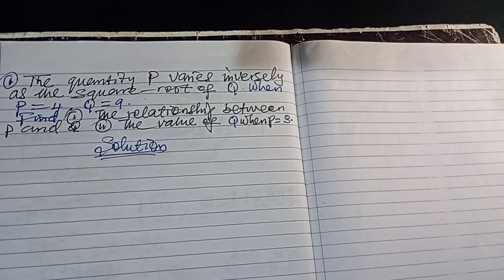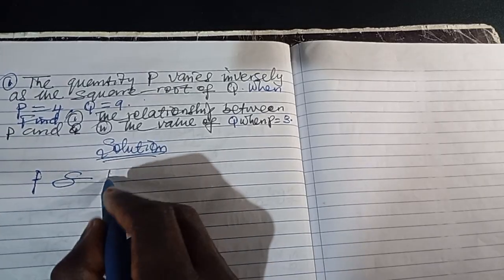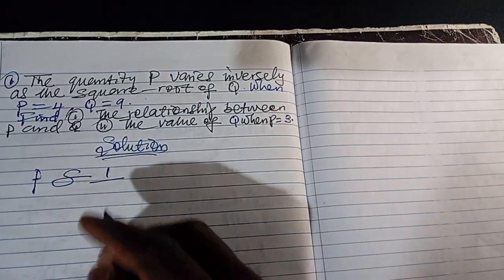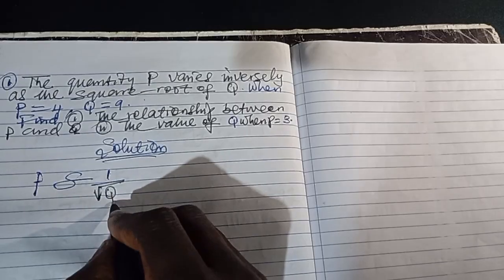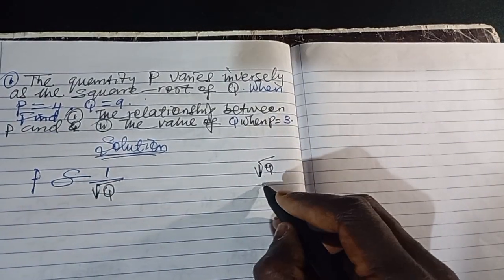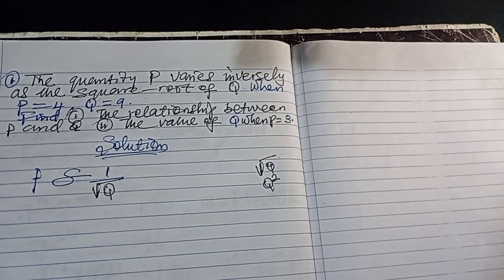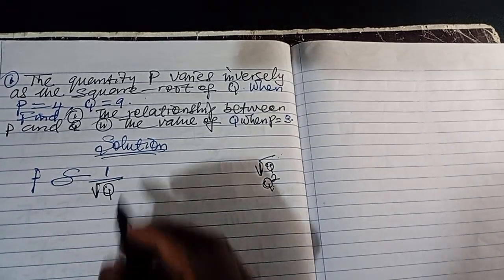This is inverse variation, okay? So we have p varies inversely as 1 over the square root. Remember, this is square root of q. There is a difference between square root of q and q square. This is square and this is square root, okay? So remove this variation symbol.